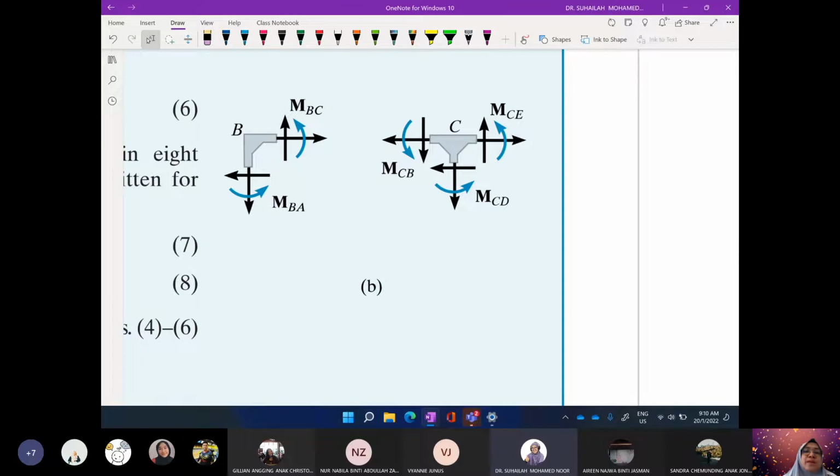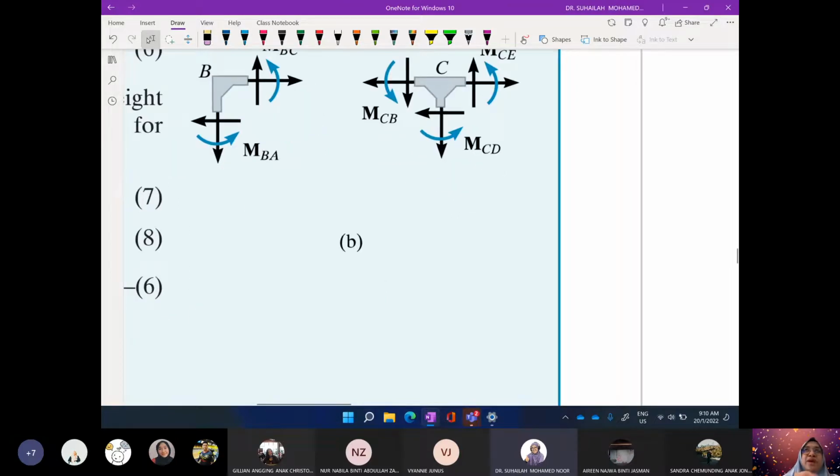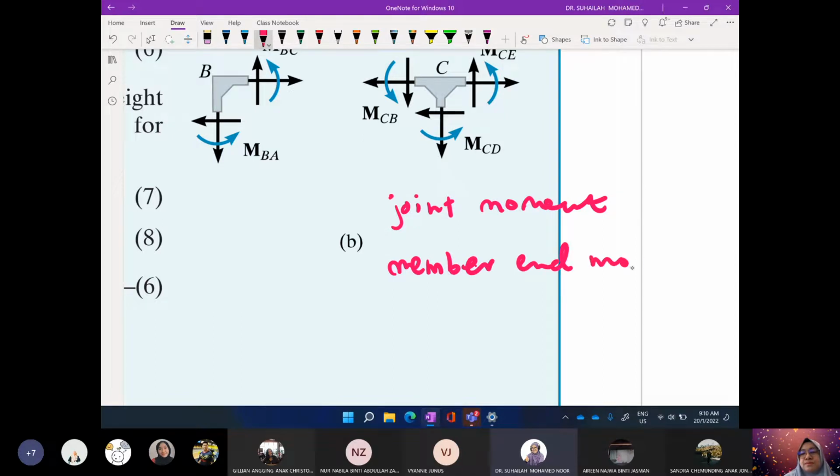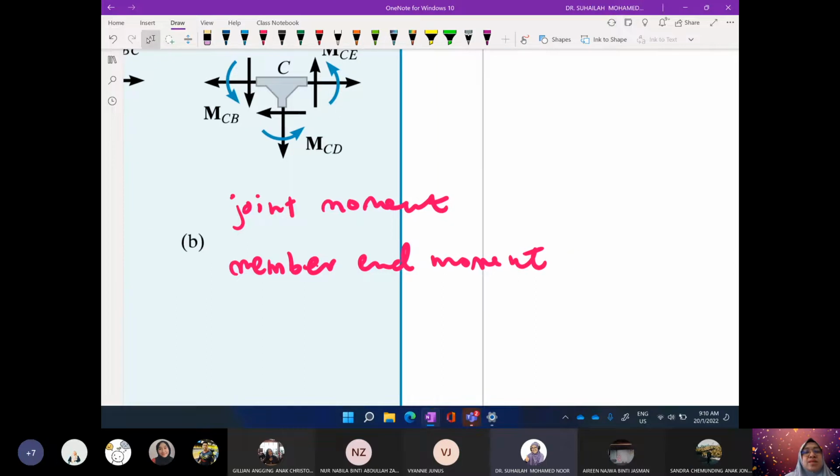As I mentioned, we have to understand two things: joint moment and member end moment. We need to understand these two things.